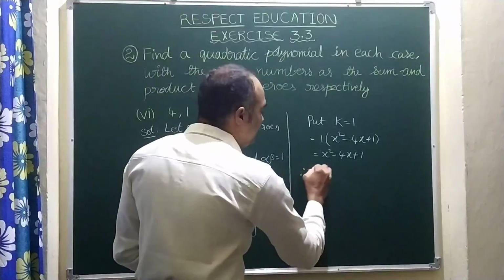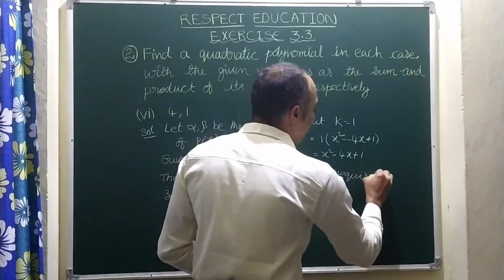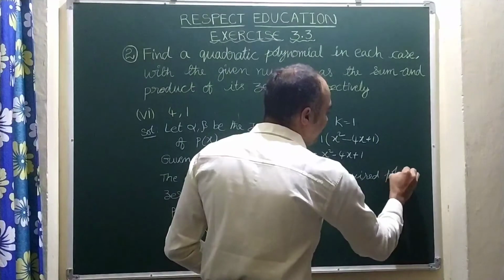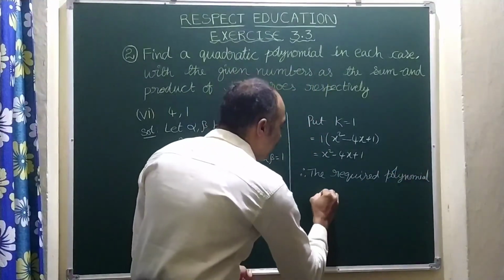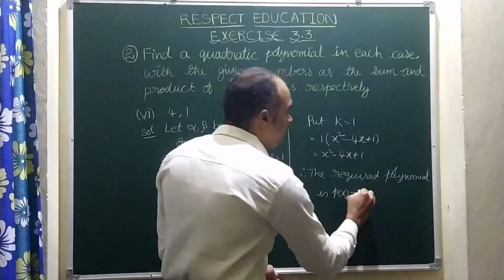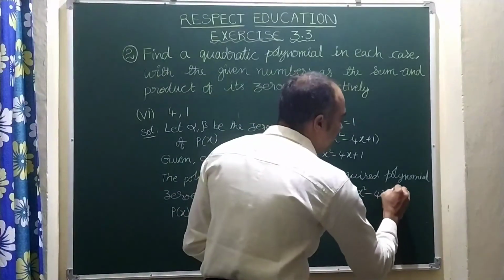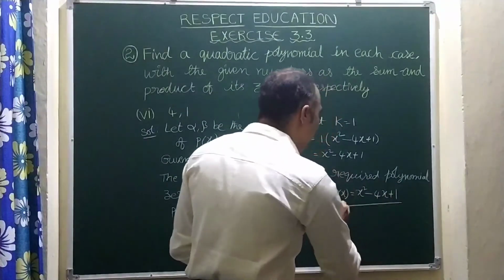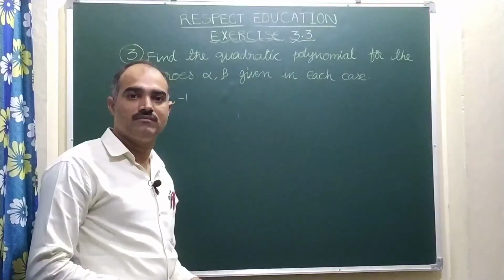Therefore, the required polynomial is p of x equal to x square minus 4x plus 1. This is the last step for this bit, sixth one.